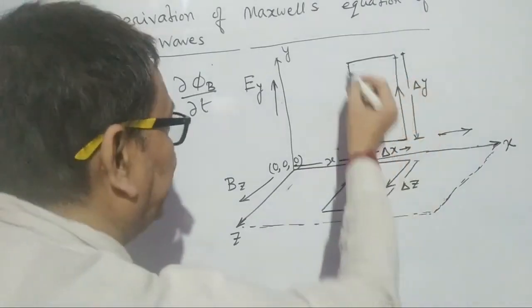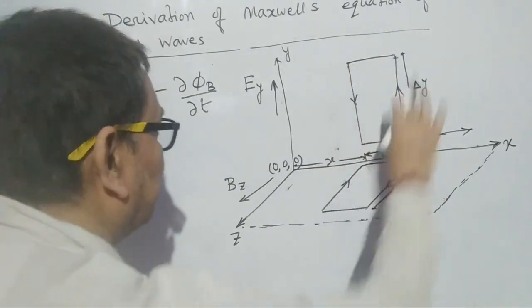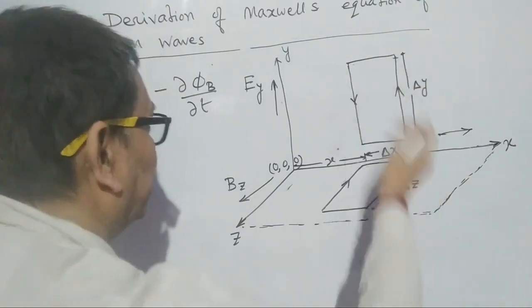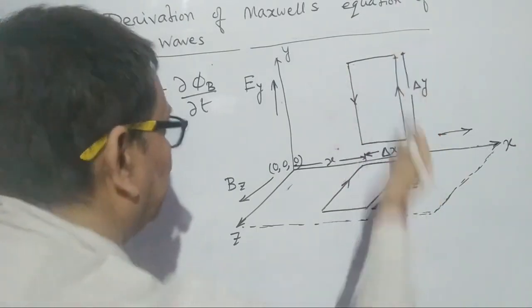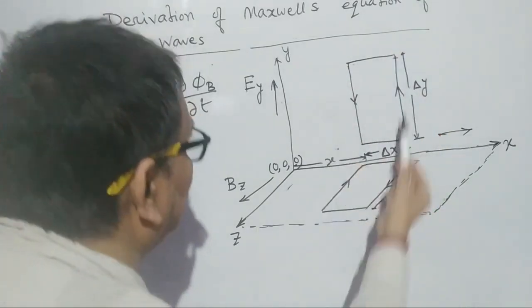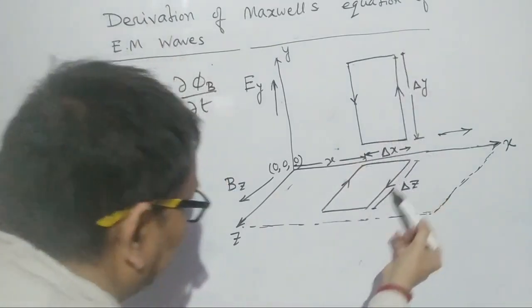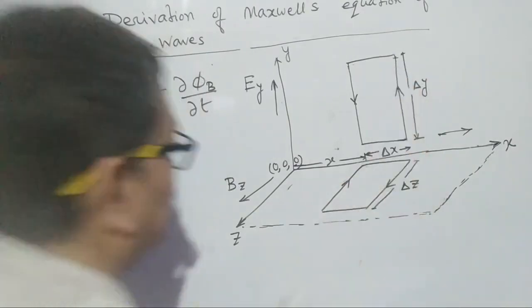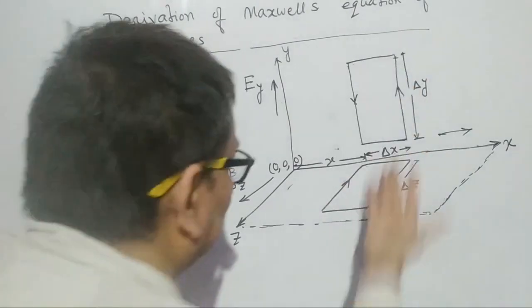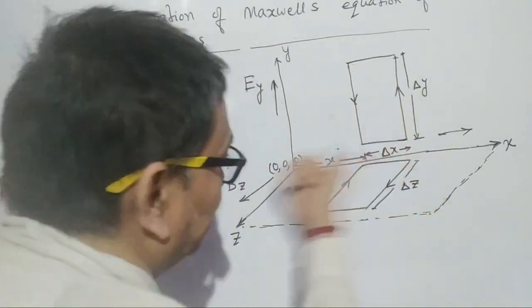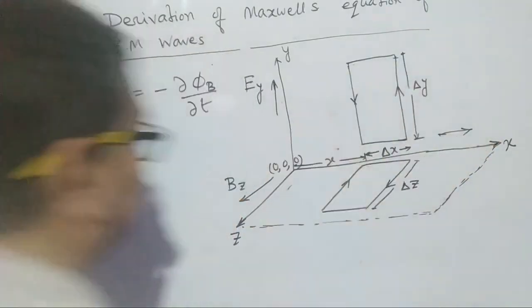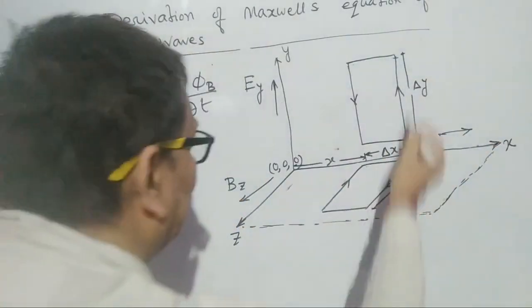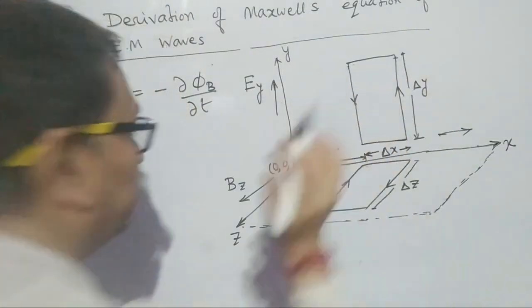Then this one is also delta y, upward. So the electric field is moving upward. Simultaneously the magnetic field is along z, and we know that the direction is electric field cross magnetic field, so this is the direction of the wave. Now delta y, this one is equal to this one.